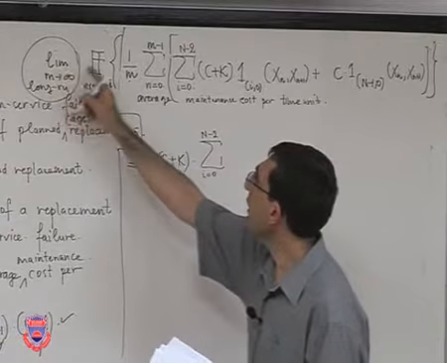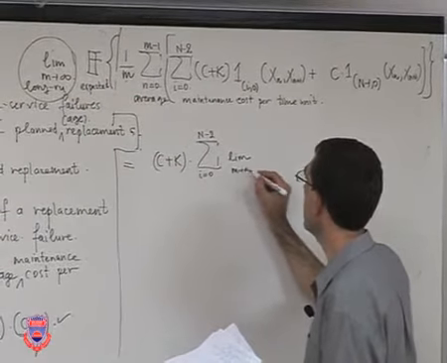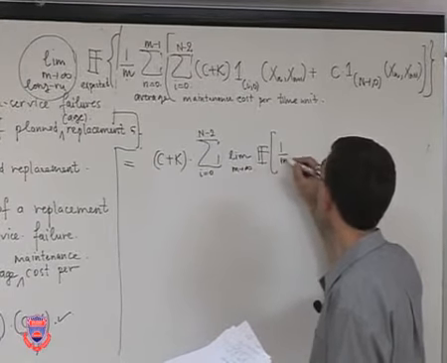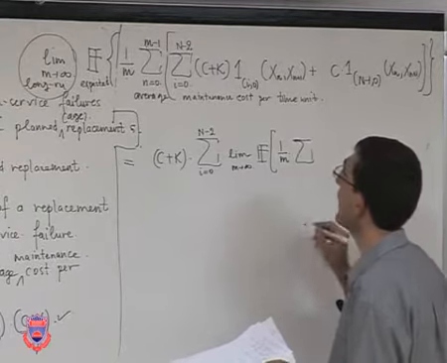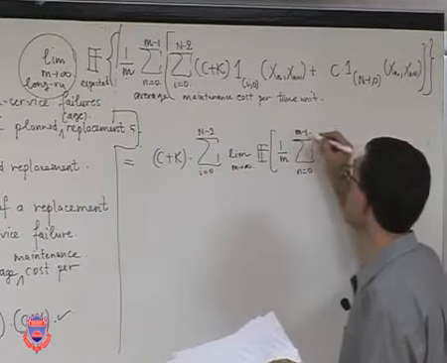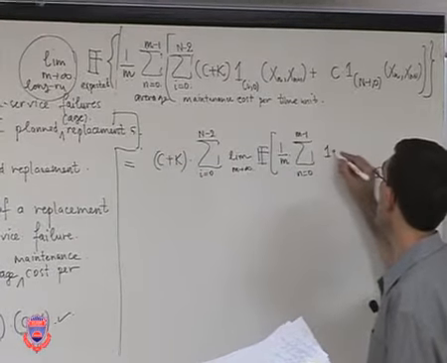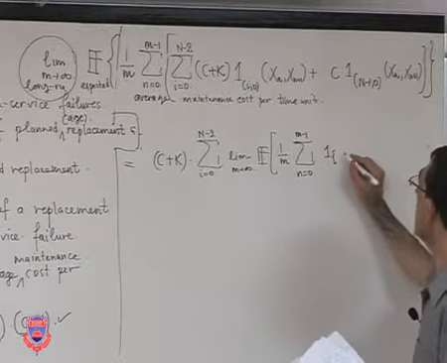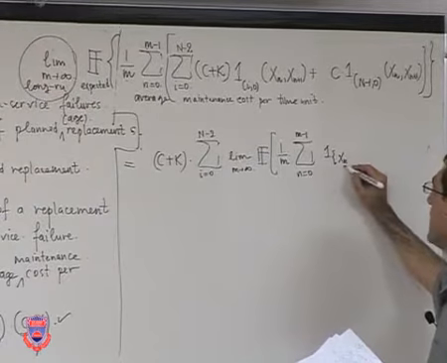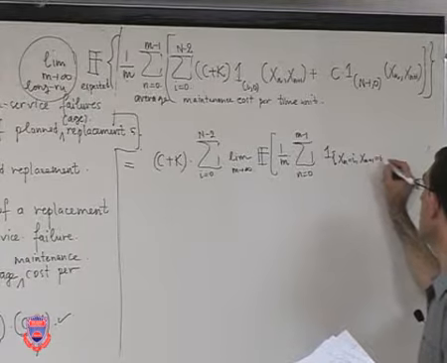Then I have the limit of expected values of the averages. So the limit as m goes to infinity. Inside the expectation, I have 1 over m times the sum over n from 0 to m minus 1 of the indicator random variable of the event that Xn equals i and Xn plus 1 equals 0.